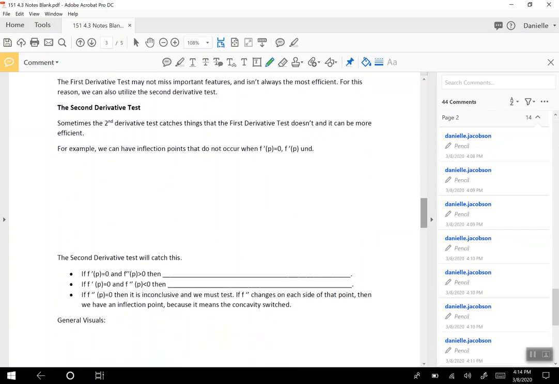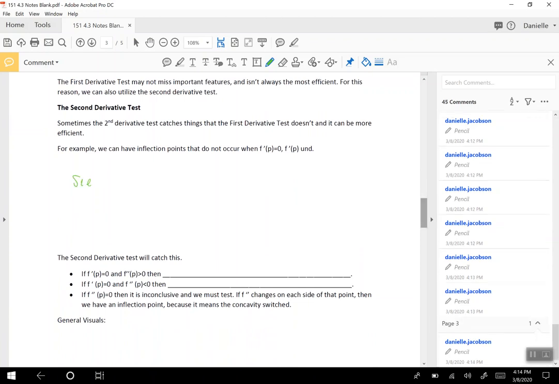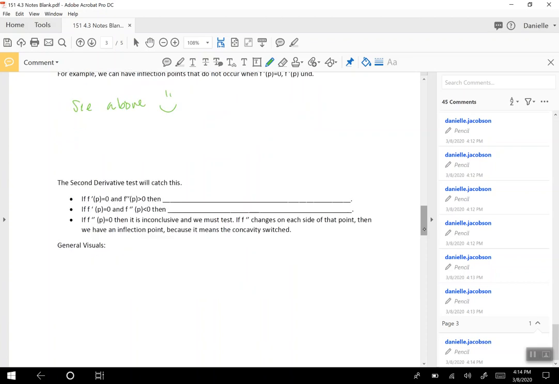Okay, and then I'm just going to say C above because we just talked about that, which is what I scrolled up to. Okay, so the second derivative test is going to catch more inflection points than that first derivative test. So first things first, if f prime of p is 0, that means we caught that critical point with the first derivative test. If we want to, we could take the second derivative.